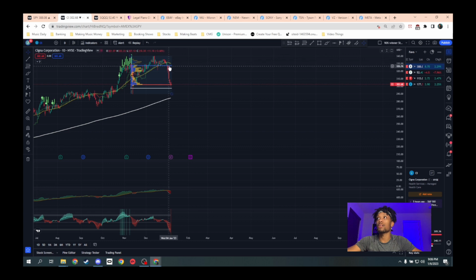Because right here, after it broke this first 200 would have been the perfect spot to enter, because you got two of your trends telling you that we're going down, and you got two of your indicators giving you an entry. So you could have held it for like 3 days, made an easy profit on that. Just super simple.